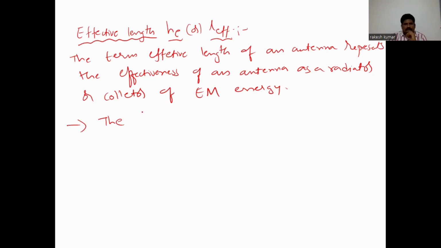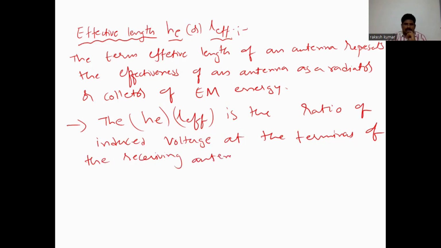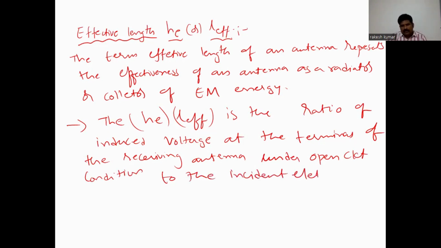The effective length is the ratio of the induced voltage at the terminal of the receiving end under open circuit condition to the incident electric field.